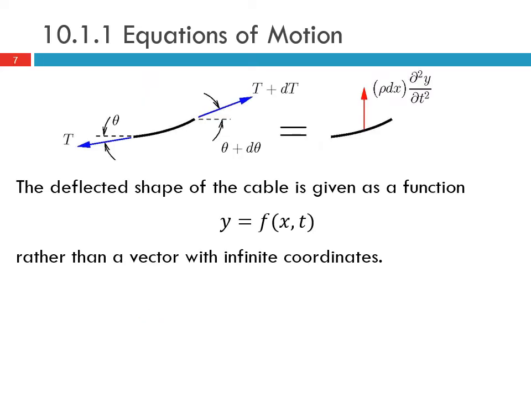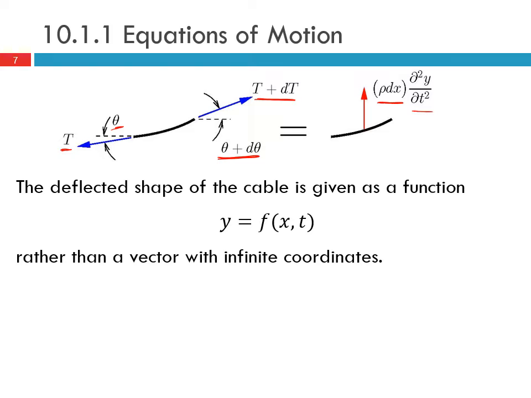In this free body diagram, we've got our tension T on one end at an angle theta, and on the other end we've got T plus delta T and theta plus delta theta, so including the change of both the tension and theta. In the mass acceleration diagram, we've got rho dx, which assumes that rho is the density per unit length, or mass per unit length, and then the vertical acceleration, d2y by dt squared.